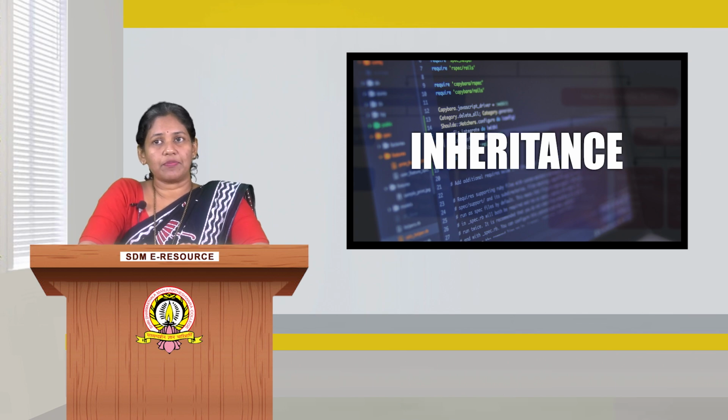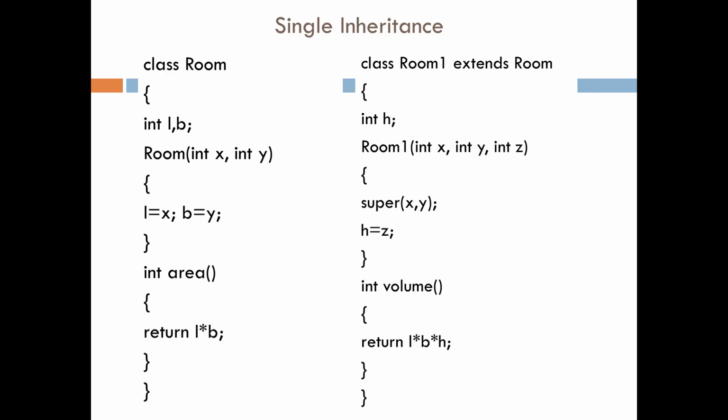Now one example is if we want to calculate the area of a room and also the volume of a room. So first we will write the class Room, which calculates the area of a room. Now we have here class Room with the data members length and breadth, and with a parameterized constructor with int x and int y as arguments.